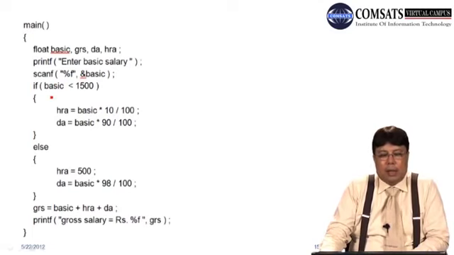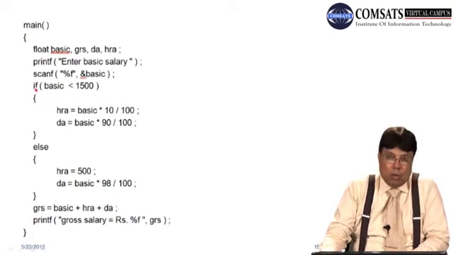If basic salary is less than 1500, then we compute human resource allowance, 10% of the basic salary. Then we compute daily allowance, which is 90%. If it is true, basic salary is less than this one, then this body of if construct will be executed.